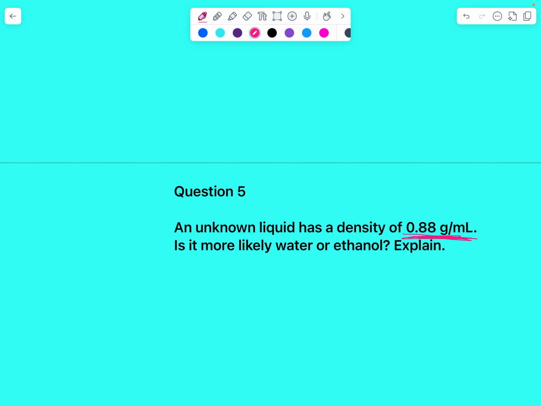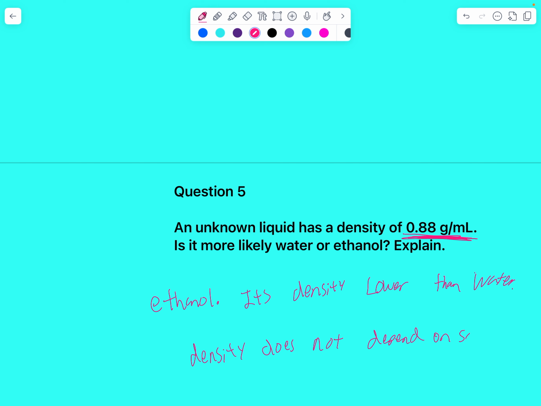So it's more likely going to be ethanol because its density is lower than water. And understand, density is a characteristic property. So density does not depend on sample size. All right?